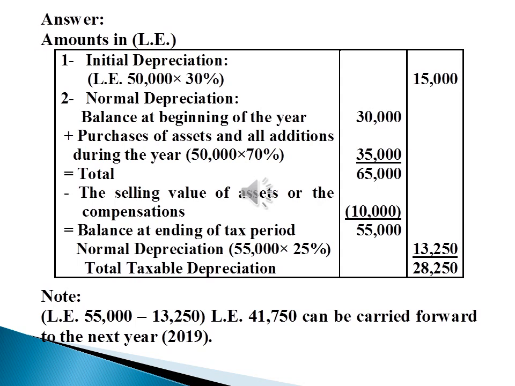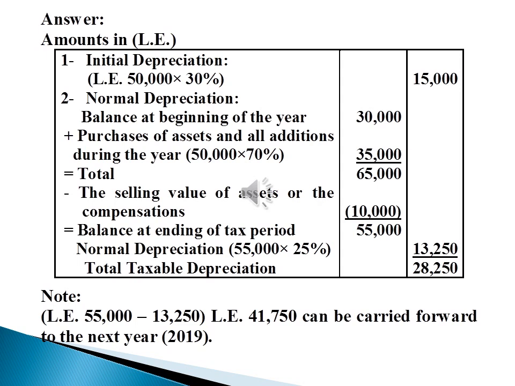Balance at beginning of the year given 30,000, plus purchases of assets and all additions during the year: the remaining 70% of the cost of equipment purchased in year 2018, 50,000 times 70% amounted to 35,000. Total 65,000. The selling value of assets or the compensation given negative 10,000. Then balance at ending of the tax period 55,000.